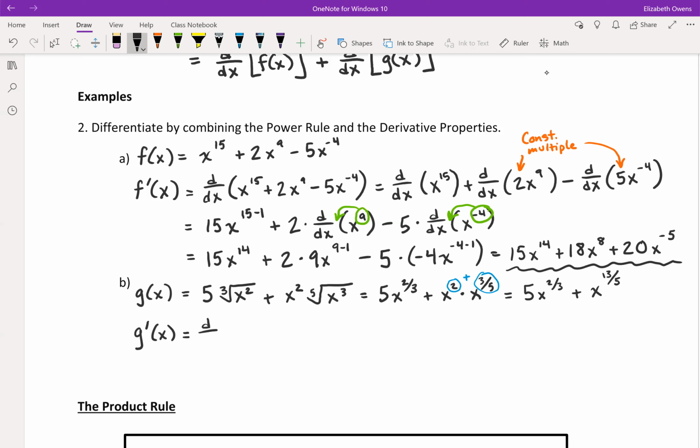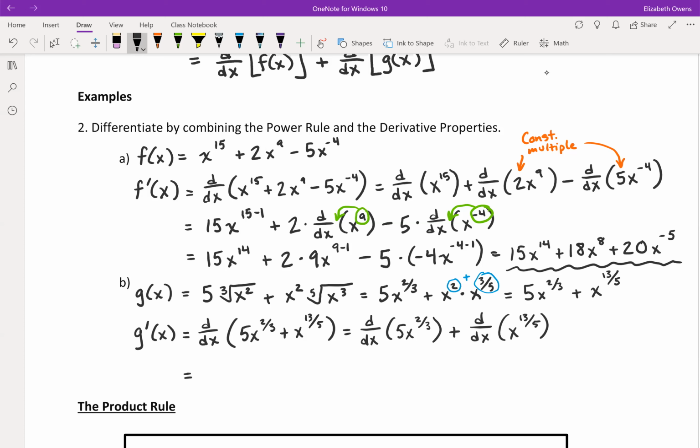So we're going to take the derivative of 5x to the 2/3 power plus x to the 13/5 power. First things first, get our sum rule going there. Separate these out. Derivative of 5x to the 2/3 plus derivative of x to the 13/5. And then we have a constant multiple right here, the 5 times that power of x.